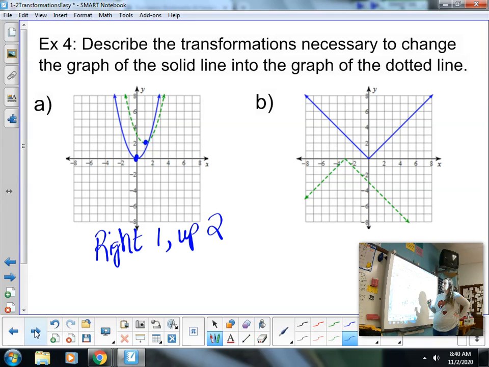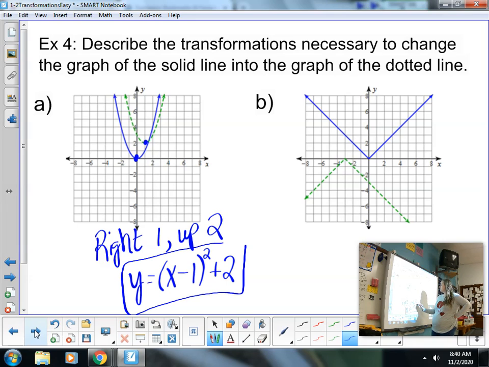If you wanted to write the equation for that, that would be y equals, your A would typically go next, but the A value is 1 because I don't change how wide my graph is. So this would be x minus my h, which was 1 because that's my left and right, squared, and then the k on the end, which would be plus 2. So that would be the equation that matches up with A.